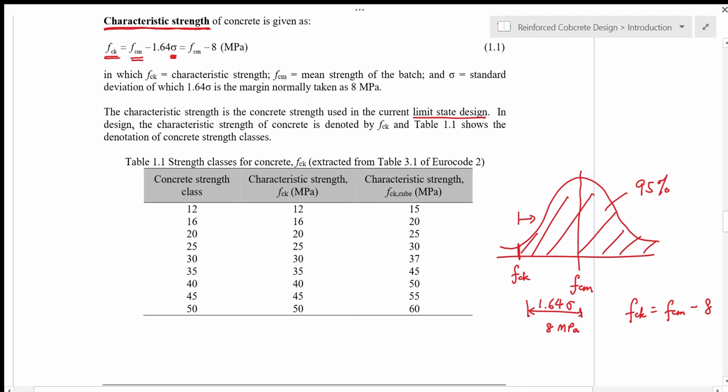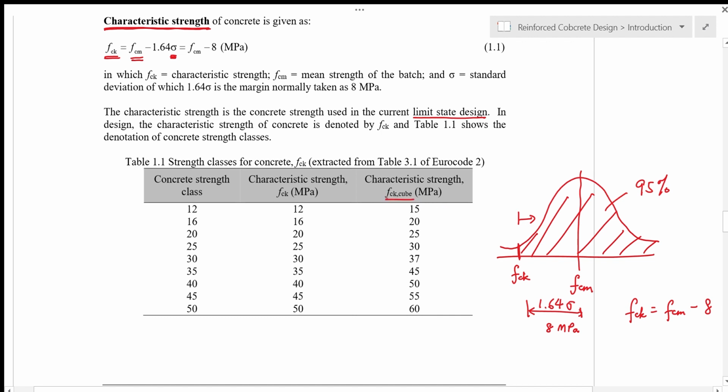In design, the characteristic strength of concrete is denoted by FCK and is shown in this table 1.1. If the concrete strength class is 12, the characteristic strength FCK is 12 megapascal, and this is cylinder strength. The cube strength is then 15 megapascal.